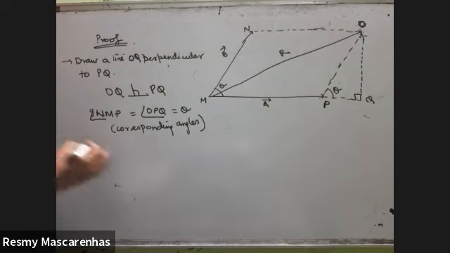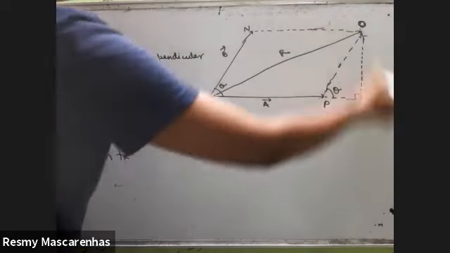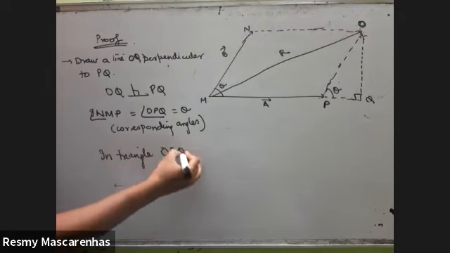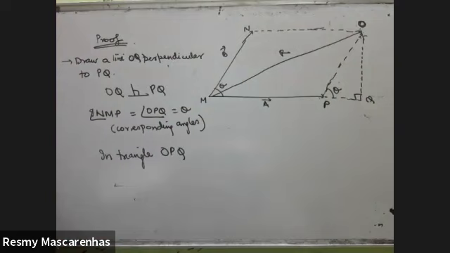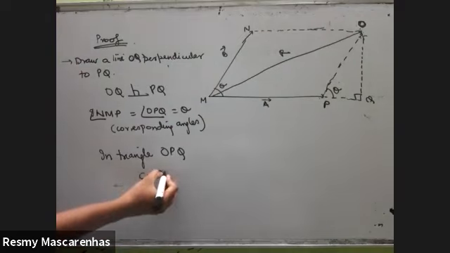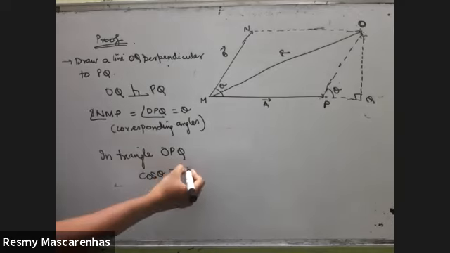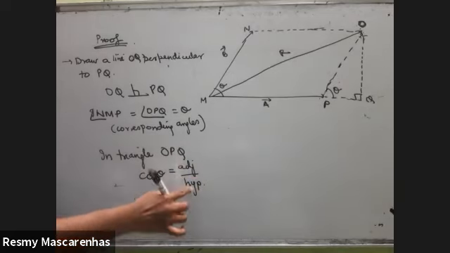Now we got a new triangle, OPQ. What is cos theta? We have always studied that cos theta is adjacent upon hypotenuse. Everyone should know this.